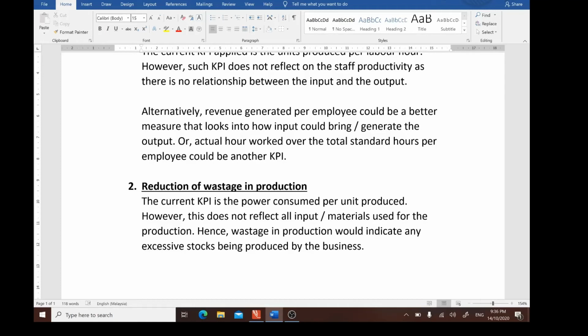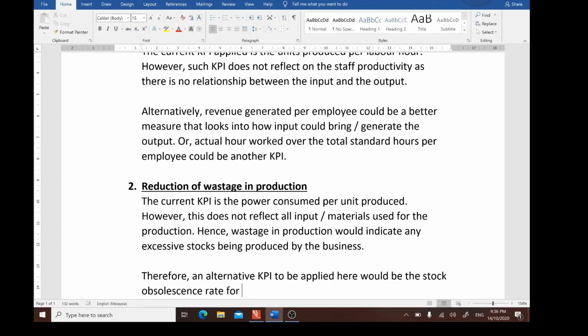Do you actually see this as a means of wastage? Definitely. So, therefore, an alternative KPI to be applied here would be the stock obsolescence rate for the production.